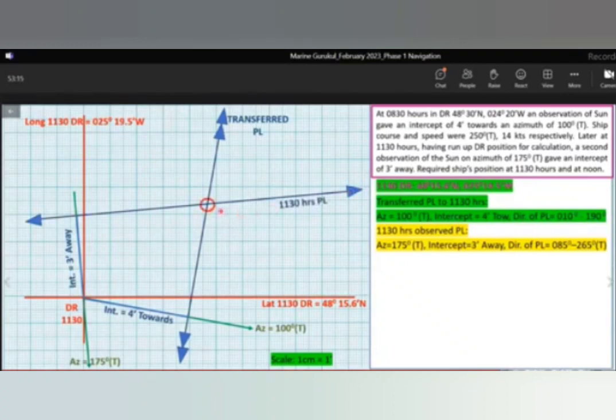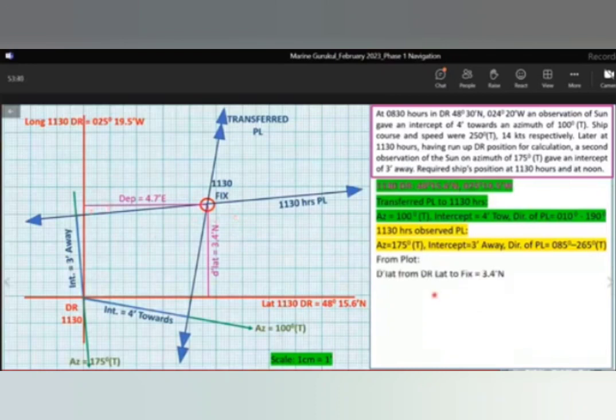Now we can measure its dlat from DR lat. We can measure the departure from DR long, convert the departure into d long, and apply it to the longitude of the DR, and we can get the coordinates. You can see dlat is measured off using this scale, comes to 3.4 minutes north. So is the departure, which comes to 4.7 minutes east.